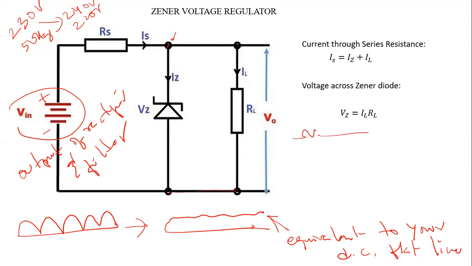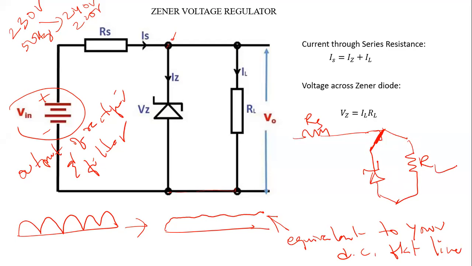You have a series resistance RS here, and you have a parallel connection, a branch point, with your Zener diode, which has a symbol like this, and your load resistance RL.